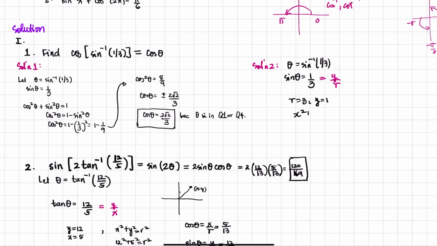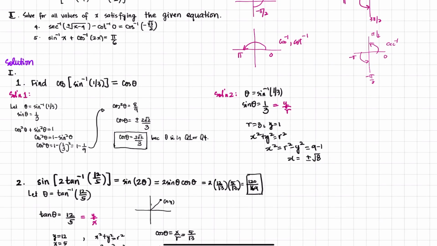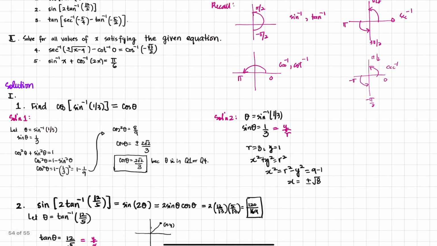So, gagamitin natin ulit yung x squared plus y squared equal to r squared, or x squared is r squared minus y squared, which is 9 minus 1, or x is plus minus square root of 8. So, mamimili ka kung positive or negative. Pero sabi natin that theta is sine inverse. So, dito tayo nagwo-work. And sine is positive, so automatic, nasa quadrant 1 ka.